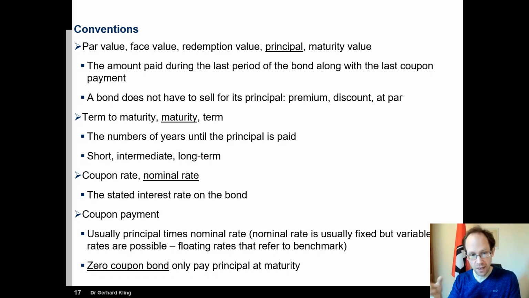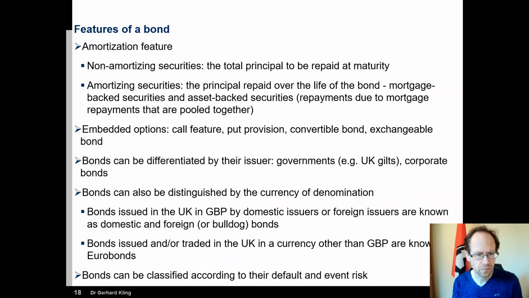And of course you can calculate from these values a return. And this return would be a yield to maturity for this zero coupon bond. Now, zero coupon bonds are very useful in terms of pricing of cash flows. We will come back to them later in the course.